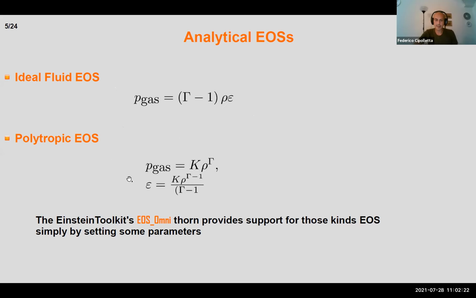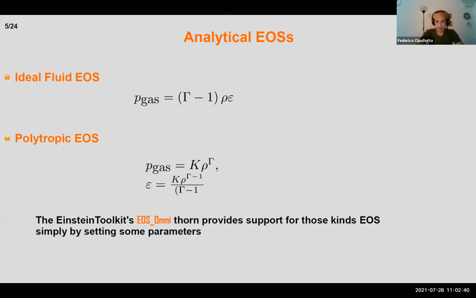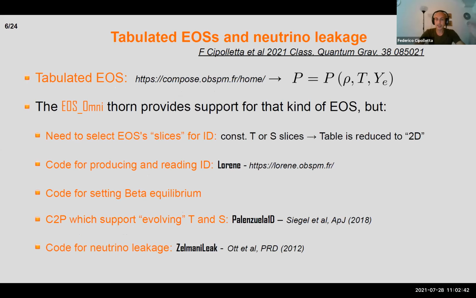And these kinds of equations of state are guaranteed by the Einstein Toolkit EOS Omni, that provides you support for every kind of equation of state. In addition, EOS Omni provides also the support for tabulated equations of state, and that is what we implemented and showed in our last paper about Spritz.